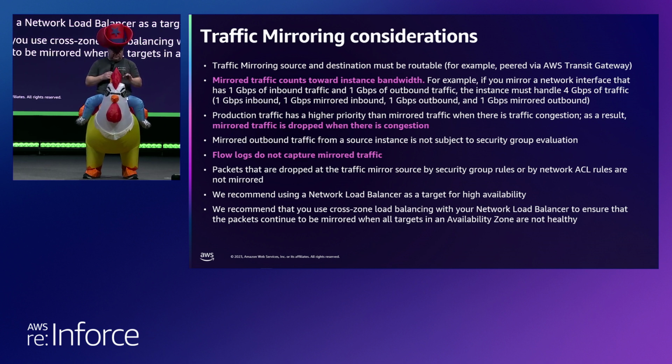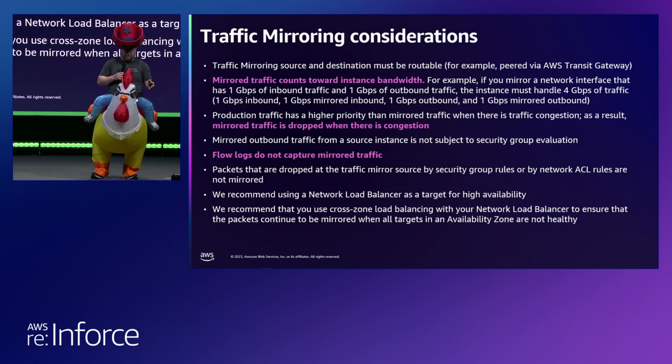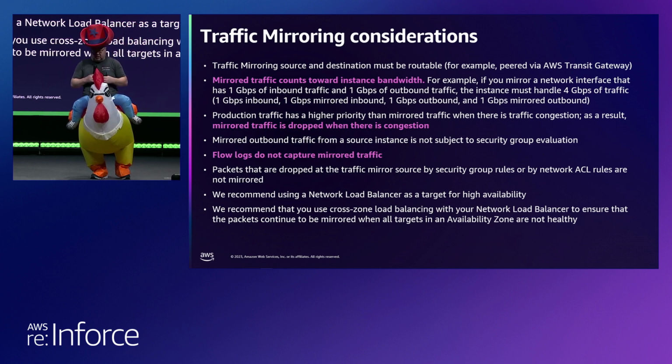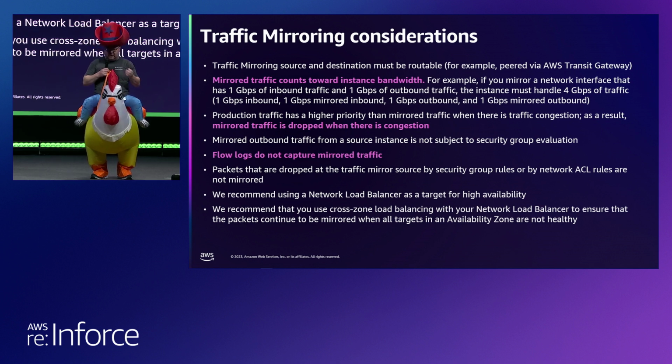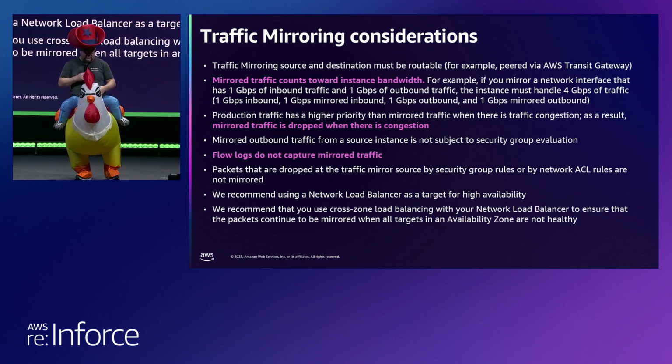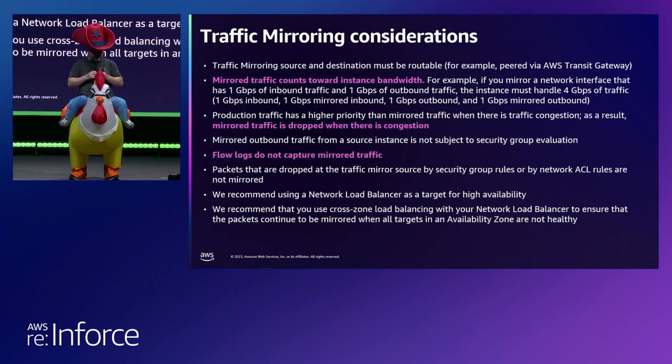So be mindful of where your traffic utilization is. If you've got an ENI that's running at 80% of its capacity for that EC2 instance, then the first thing you should be thinking is, how do I make my architecture work better so I'm not using 80% of the throughput of my ENI? But then if you need to turn on traffic mirroring, you should also consider that you won't be able to do full traffic mirroring with that type of throughput, okay?